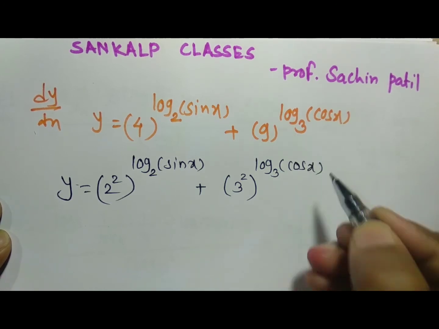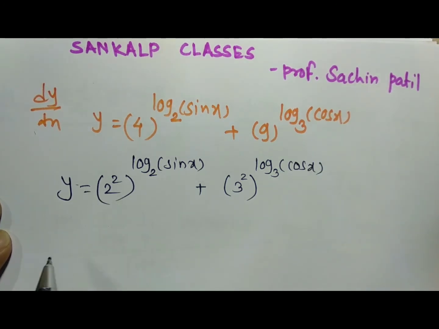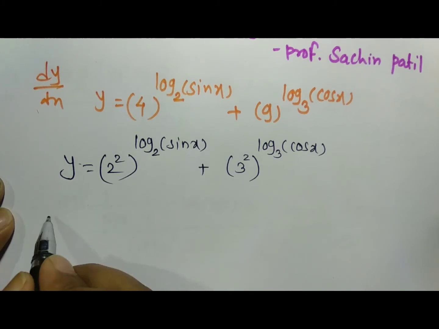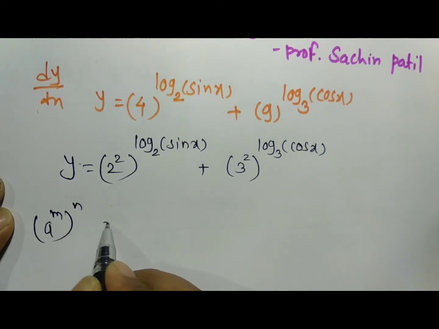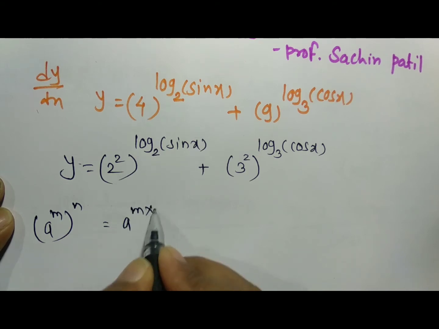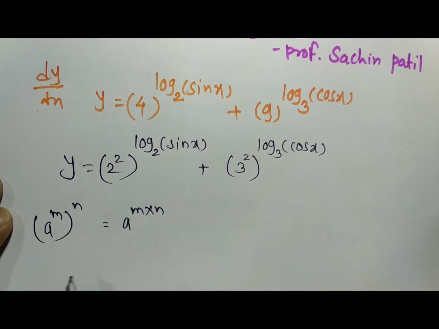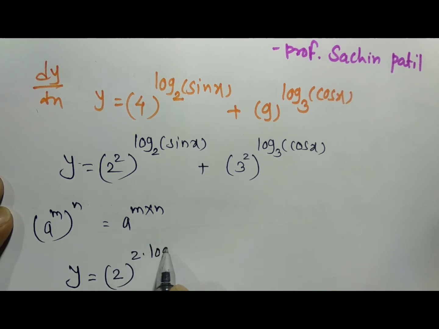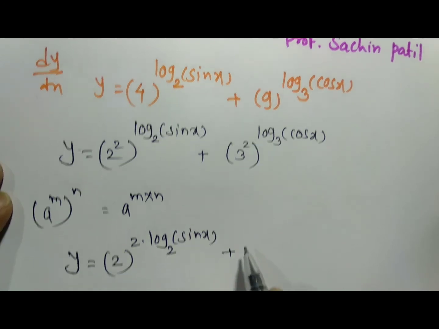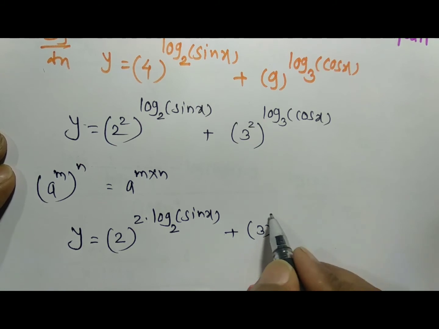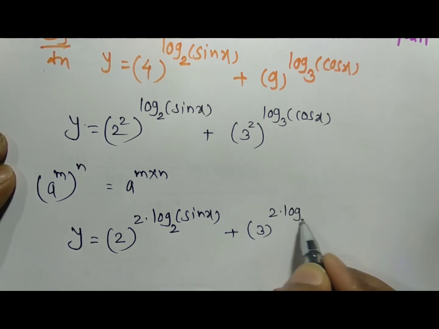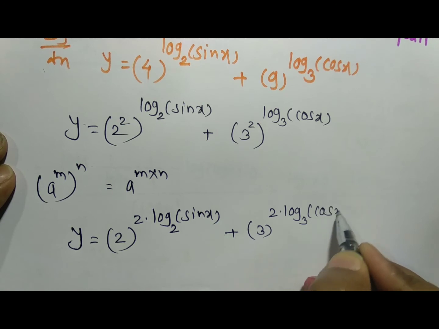And right now we know that a raised to m raised to n is equal to a raised to m into n. This is the rule, and by using this rule you find y is equal to 2 raised to 2 into log to the base 2 of sin x, plus similarly 3 raised to 2 into log to the base 3 of cos x.